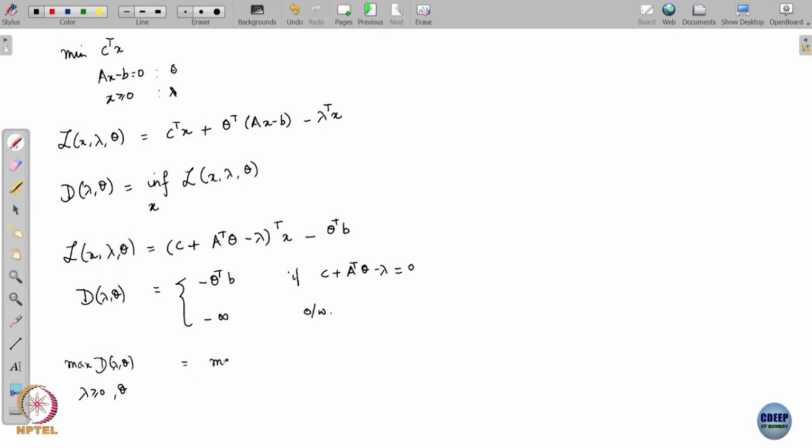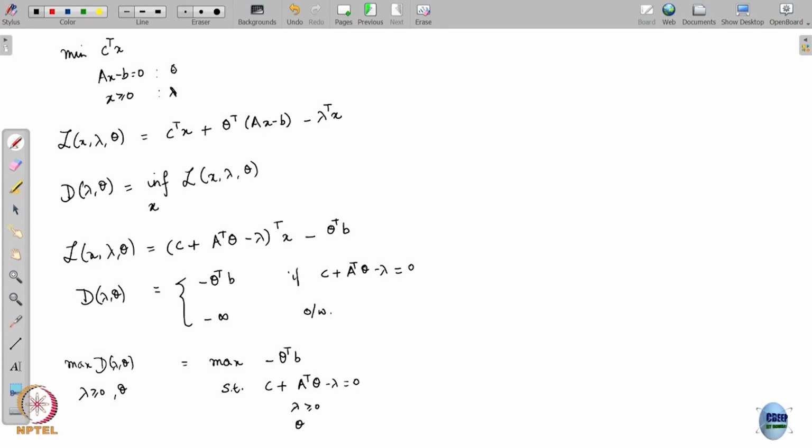So effectively, this is going to be equal to maximize minus theta transpose b subject to C plus A transpose theta minus lambda equal to 0, lambda greater than or equal to 0, and any theta.